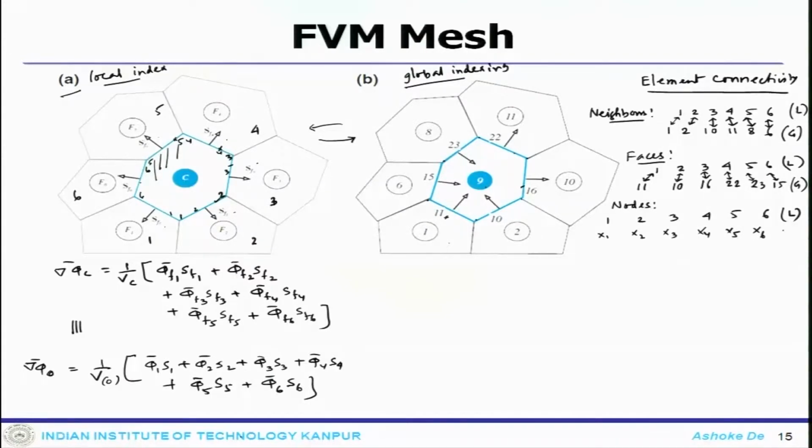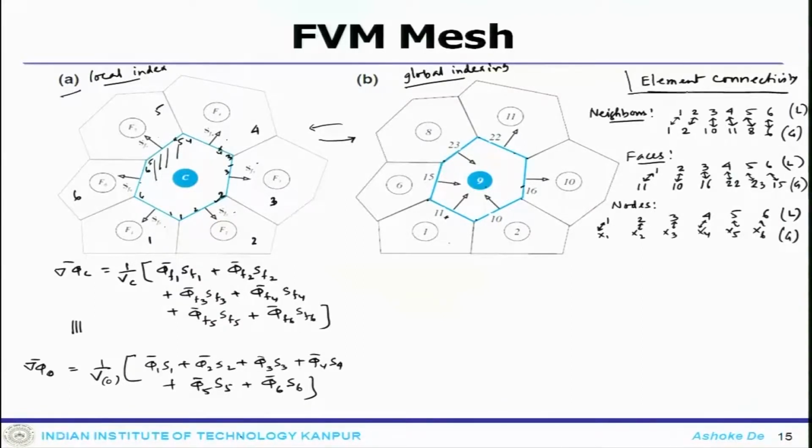So, these are my global node numbers, and they would be mapped between local and global numbering. All this information needs to be stored in my data structure.